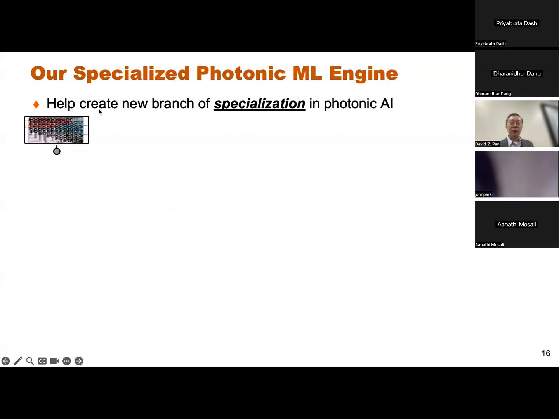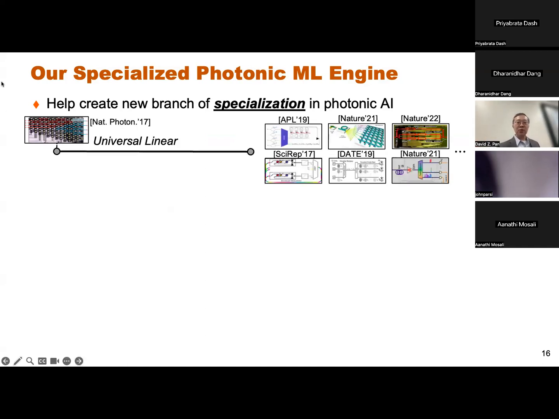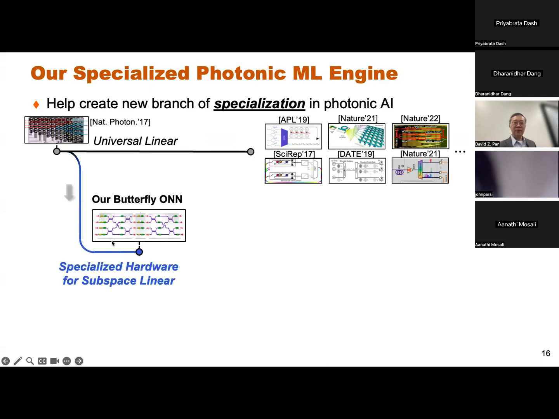After we published this, there were a lot of follow-up works, because the original paper from MIT was trying to build a universal linear matrix multiplication. But our butterfly structure is specialized hardware for subspace linear, which also works very well for many machine learning tasks.